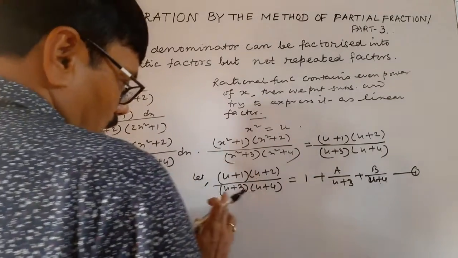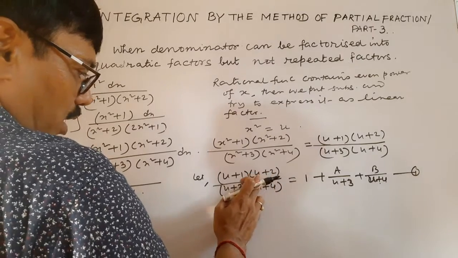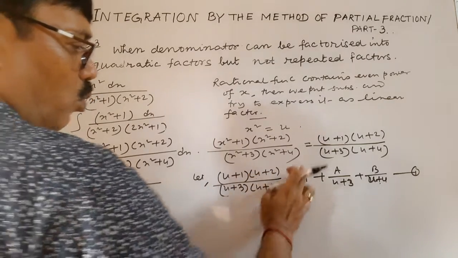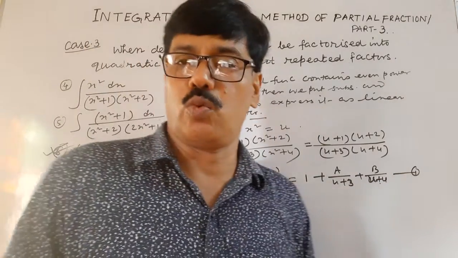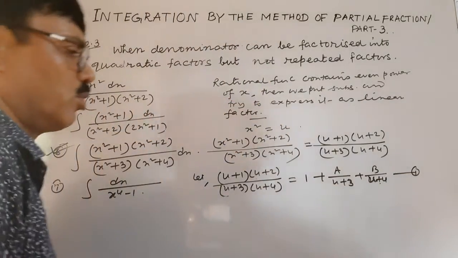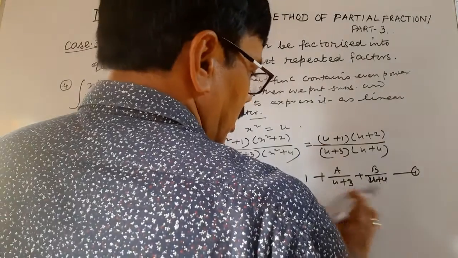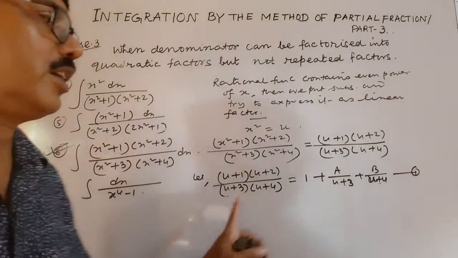But you can find the quotient. This is u square, it is u square. So 1. Then the numerator is of degree 1. You can apply it. So directly we can write the integrand in this form.